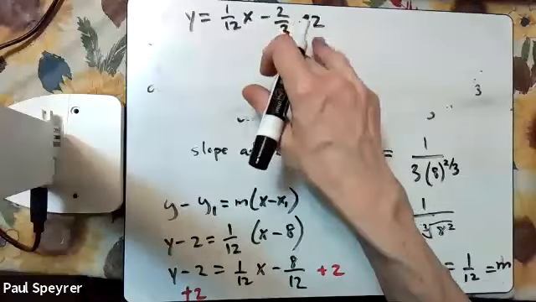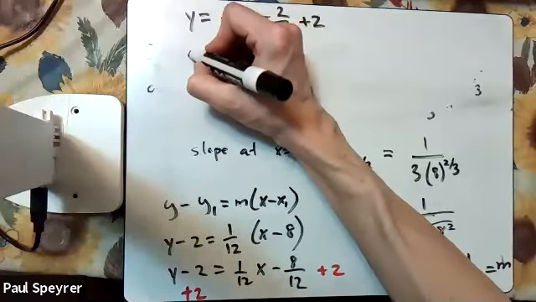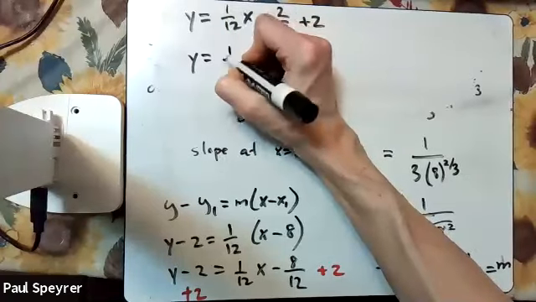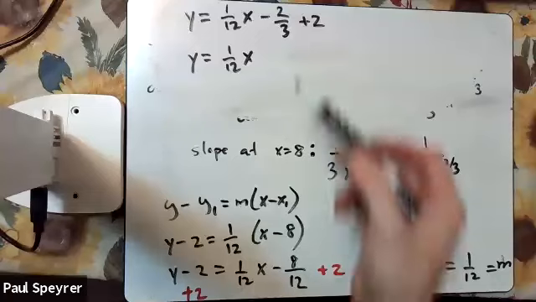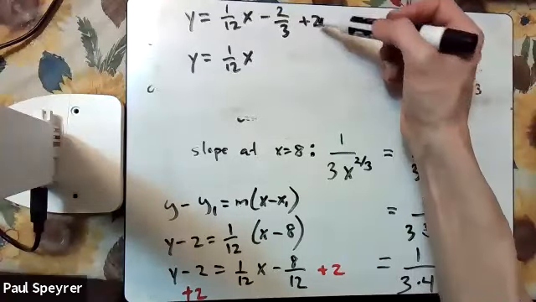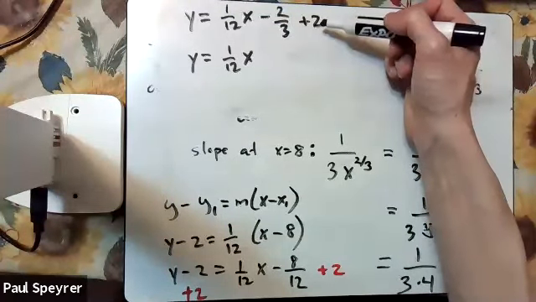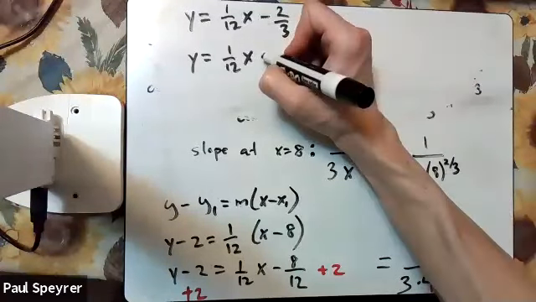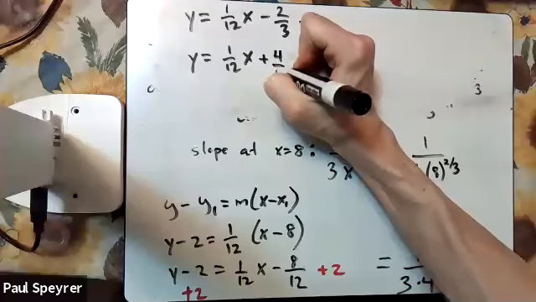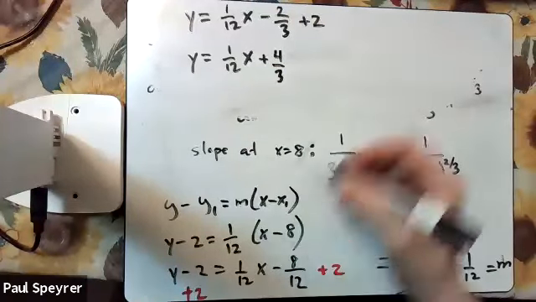And then we can combine these into one term. So we have 1/12 x. Negative 2/3 plus 2. Well, 2, remember, is like saying 6/3. So negative 2/3 plus 6/3 is 4/3.